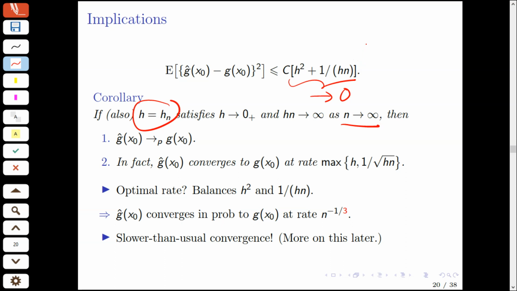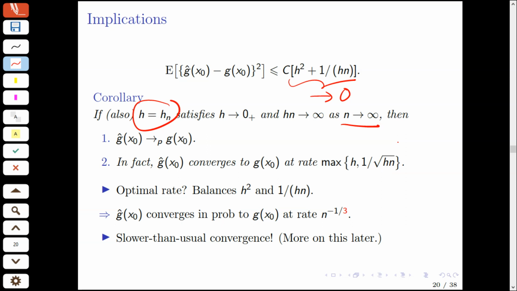So what one may deduce is that not only does the kernel estimator converge towards our estimand in a probabilistic sense, but it does so at a rate equal to whichever of the two terms is slowest, which at this point means that it goes towards 0 in probability at the rate of whatever is the largest of the bandwidth and 1 over the square root of the effective sample size.